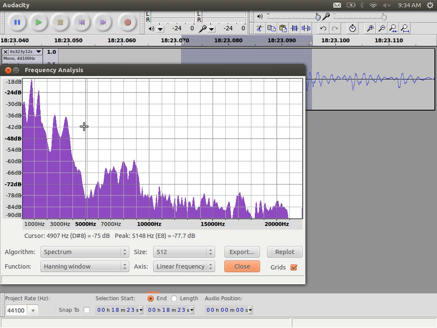A communication system, depending upon the media, will support specific bandwidth of frequencies. For example, the telephone line, the fixed landline telephone, as an example, supports transmission of a bandwidth of 4 kilohertz. 0 to 4,000 hertz.